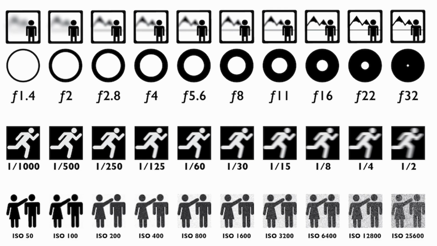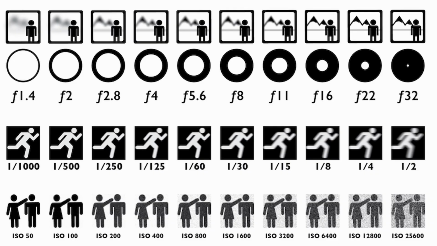Many people get confused by this. The reason being, at f1.4 you would think that because it's a lower number, the lens hole is going to open only slightly, and the higher number, in this case f32, would open up wider due to the number being higher. But in this scenario, it works the other way around. It works completely the opposite.